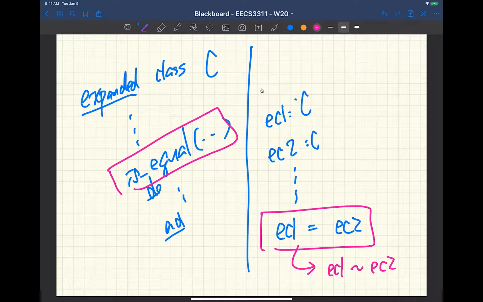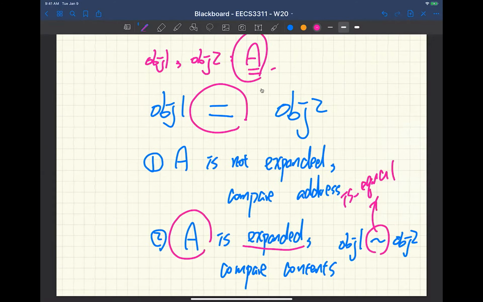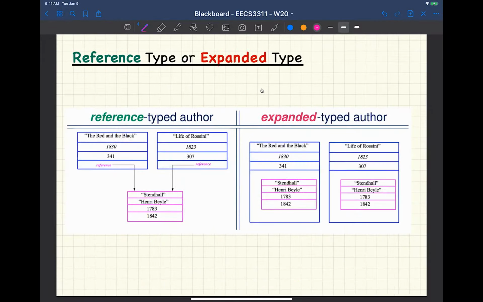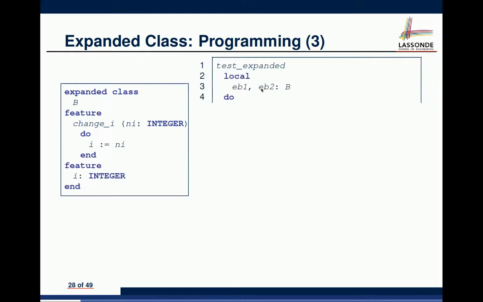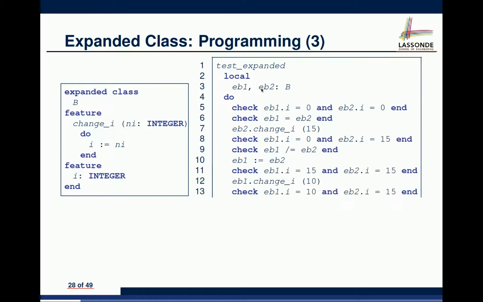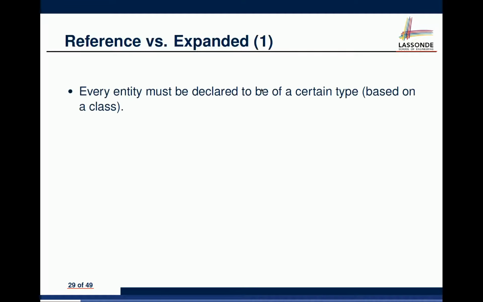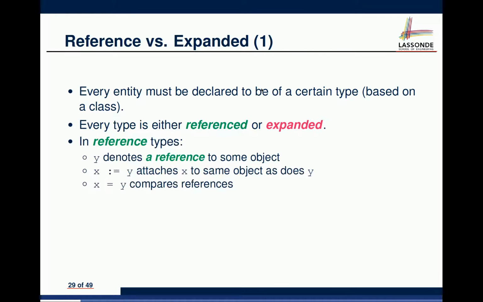Okay, good. Let's now go on to the question about expanded type. I promise I'm going to have a summary slide for you. Okay, so now expanded versus reference. We talked about it already. For reference type, if you say x is assigned to y, you just copy the address.